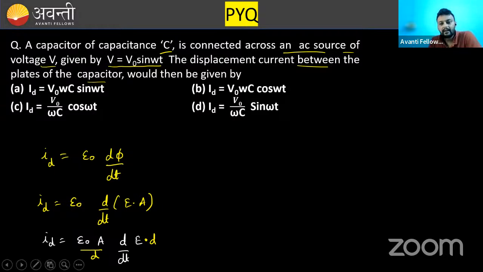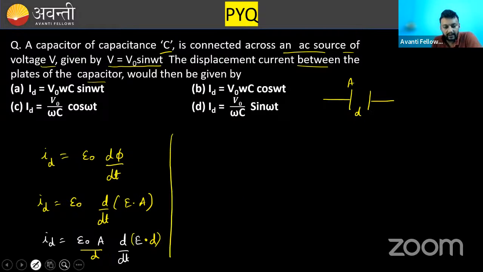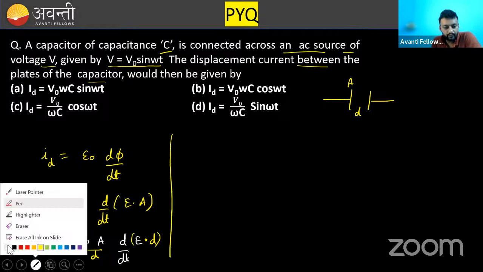What is d? This is the capacitor, A is its area, d is the separation between the plates. I think it is clear to you why I did so.